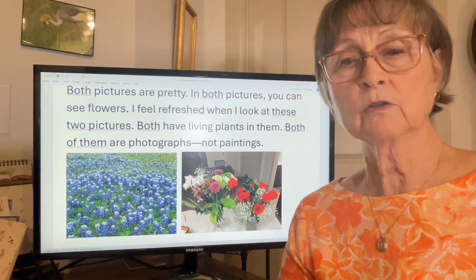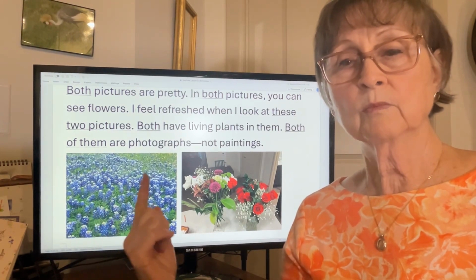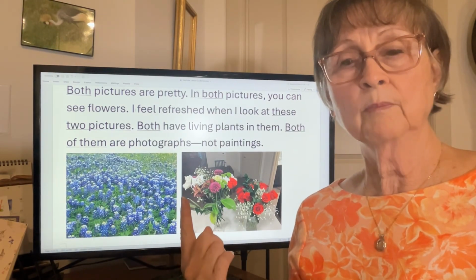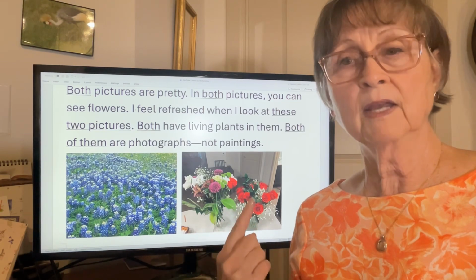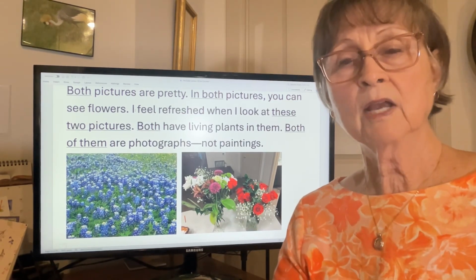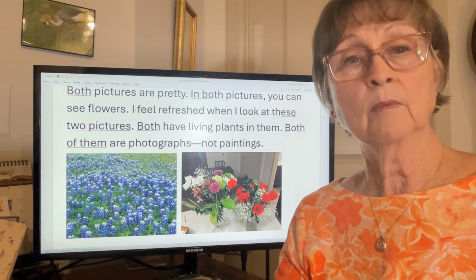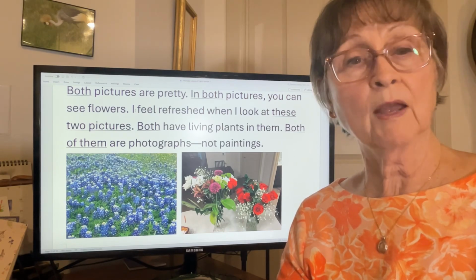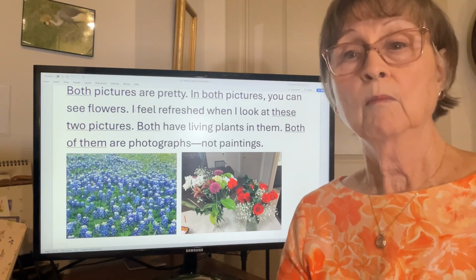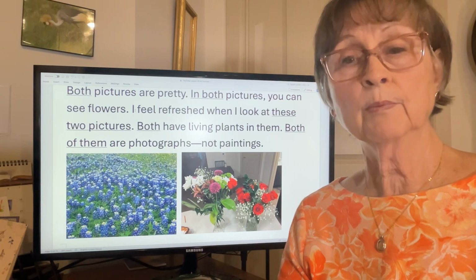We have two pictures. We have a picture of some blue bonnets, and we have a picture of some flowers in a vase. So what can I say about the two pictures in comparing them, saying how they are alike? Both pictures are pretty.